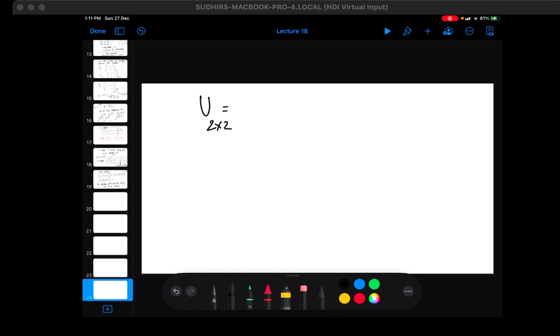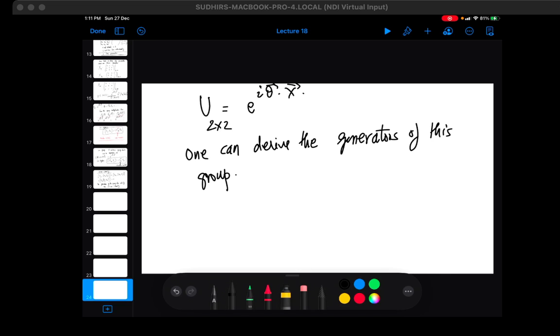One can derive the generators of this group, and the generators end up being x bar equal to sigma x, sigma y, sigma z, the Pauli matrices.